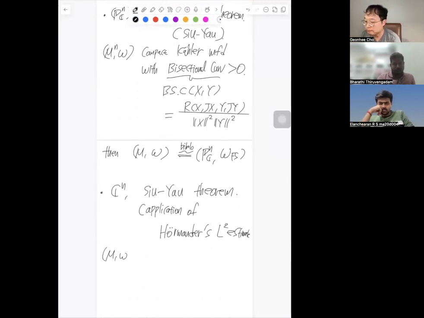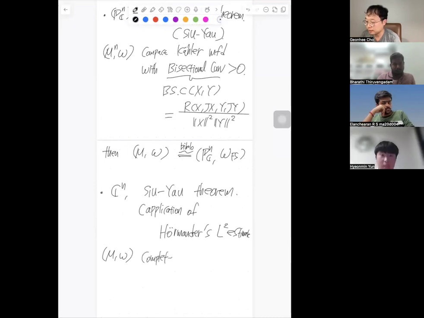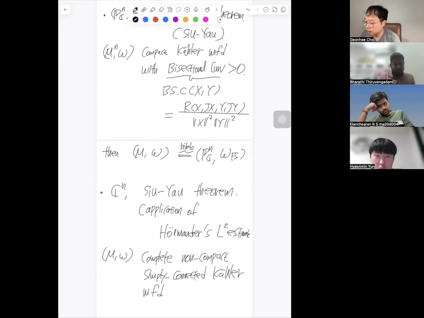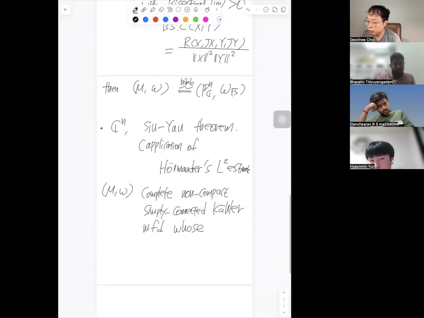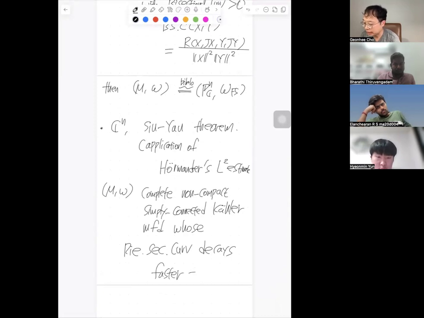So this result says the following. (M, omega) is complete, non-compact, simply connected, so our conditions match with Cn. A Kähler manifold whose Riemannian sectional curvature decays faster than the curvature of the Poincaré metric.